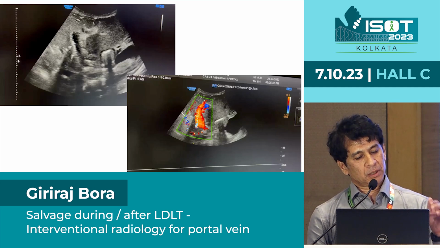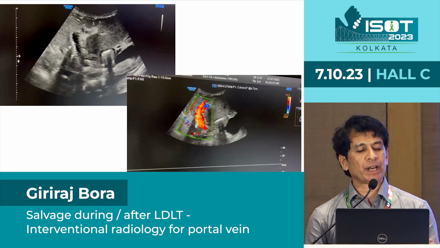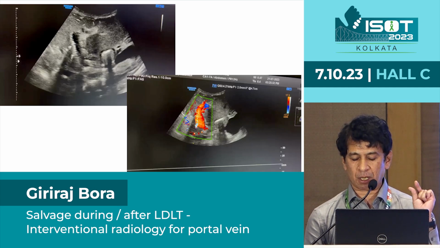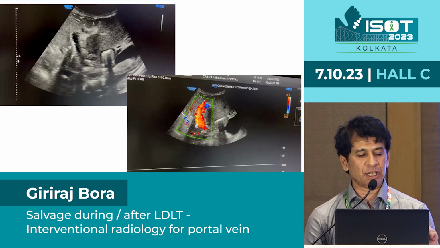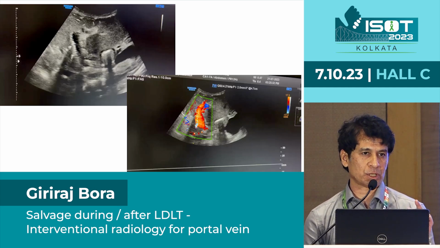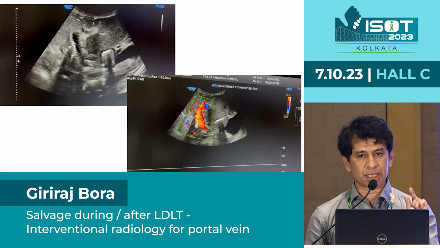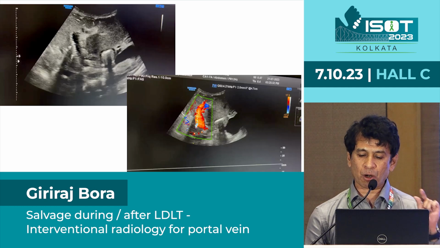So the technique is to pass a guide wire across the anastomosis and then deploy a 10 millimeter by 14 mm long stent across the anastomosis. It's extremely important to cover the site of anastomosis because it takes care of some small angle or rotation.